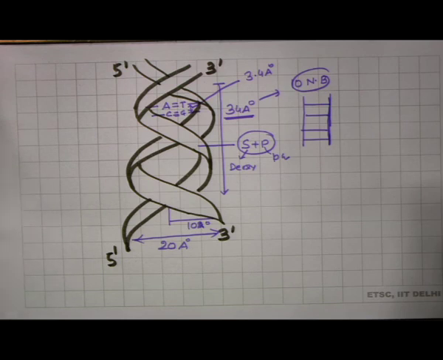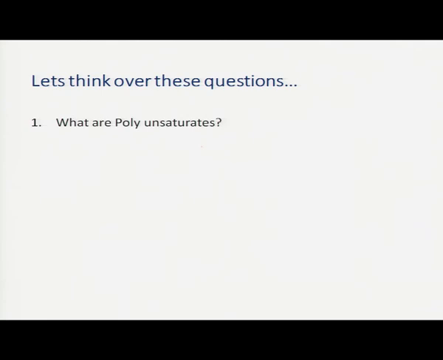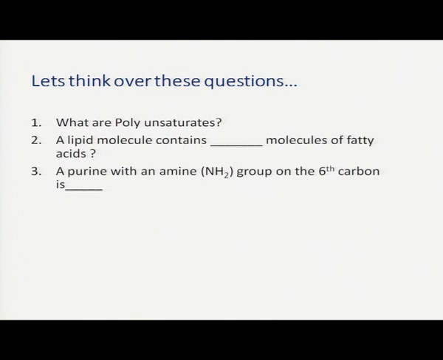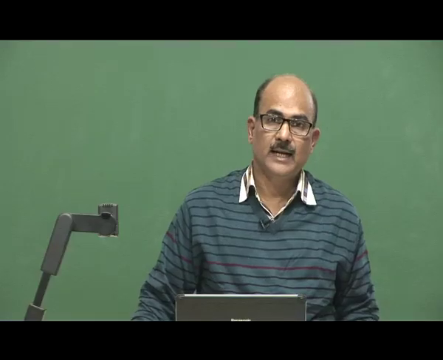Now, think over this question: what are polyunsaturates? A lipid molecule contains dash molecules of fatty acids. My third question is, a purine with an amine group on the 6th carbon position is called dash.